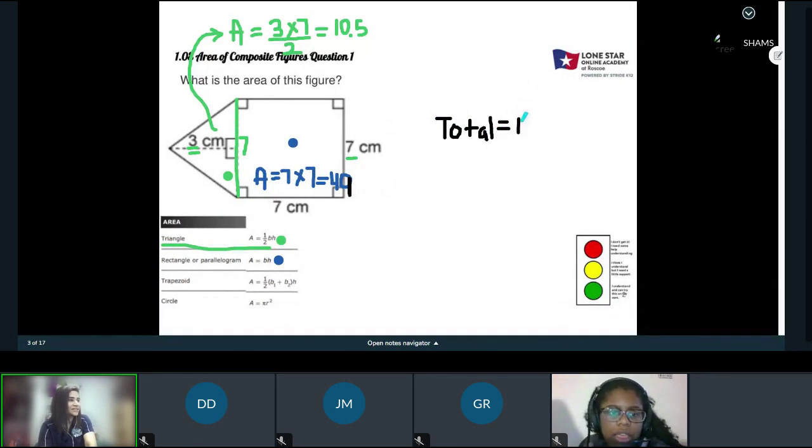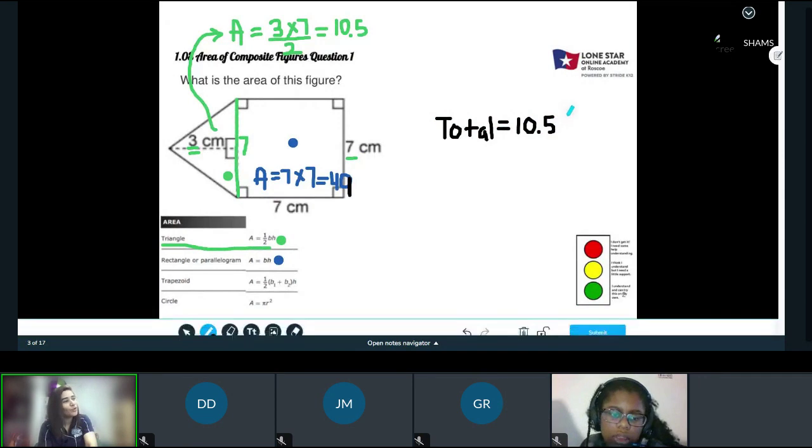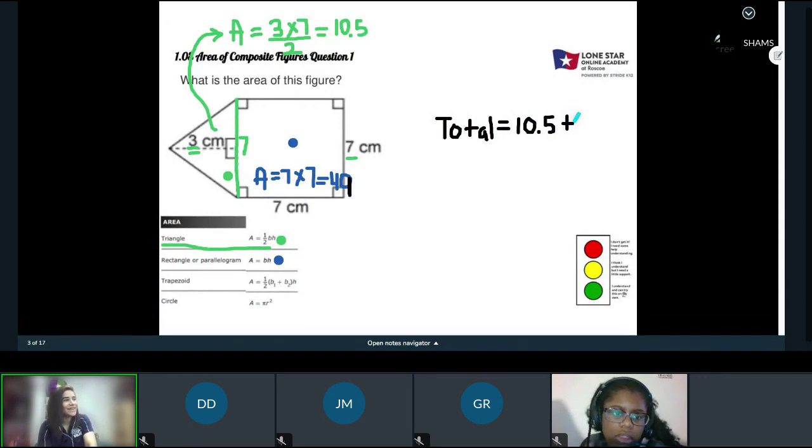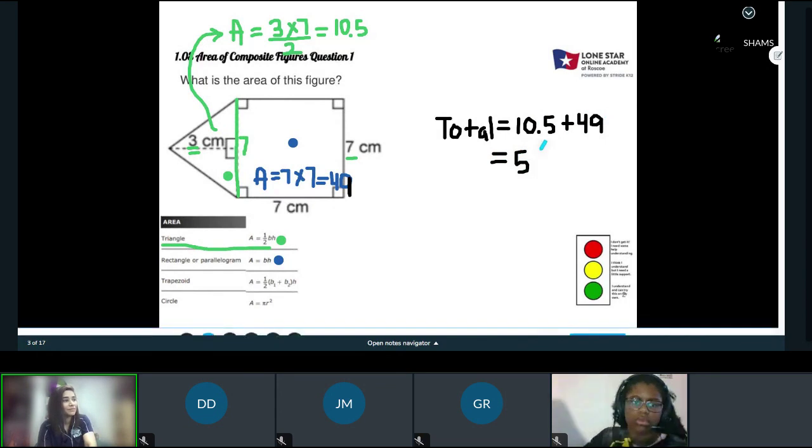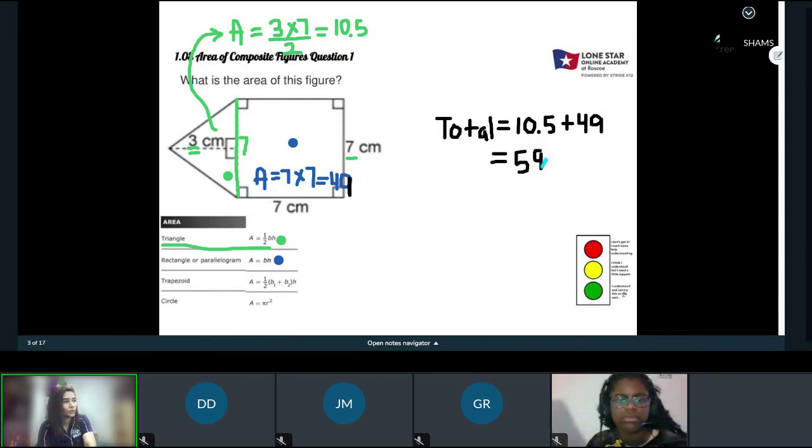So I'm going to add 10.5 plus 49. Remember to add the whole numbers. Add 49 plus 10, you get 59, right? Then add the decimal. Remember, combine whole numbers with the other whole numbers. And you get the units in square centimeters. Let me know if there are any questions.